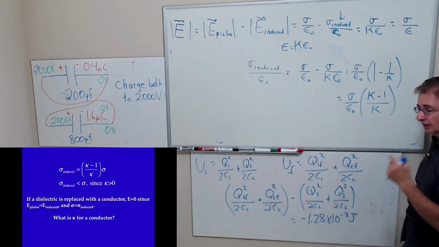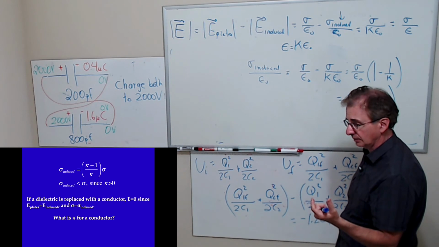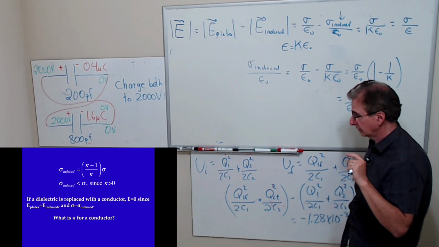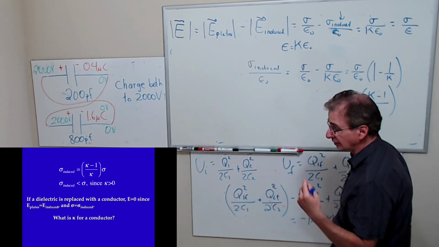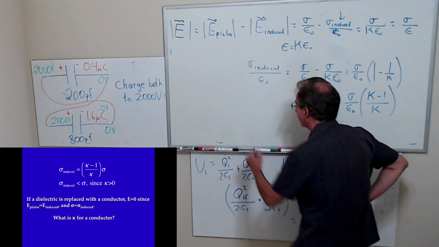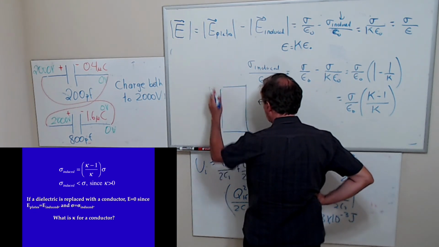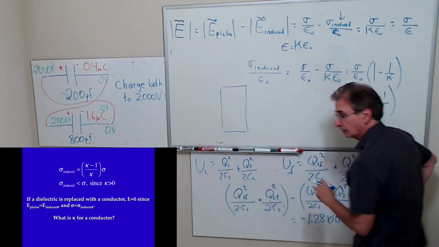Now, if you replace the dielectric with a metal, a conductor, then the electric field will end up going to 0. If I have a parallel plate capacitor and I slip in a conductor in between them, this whole thing becomes a conductor, and the field goes to 0.